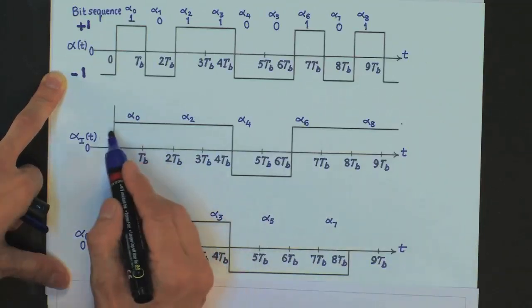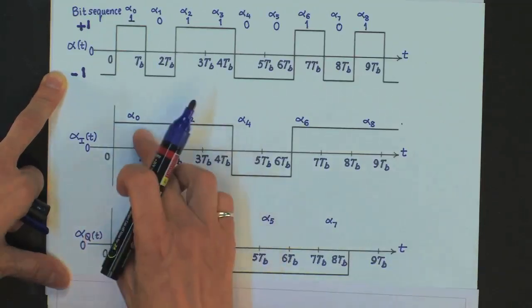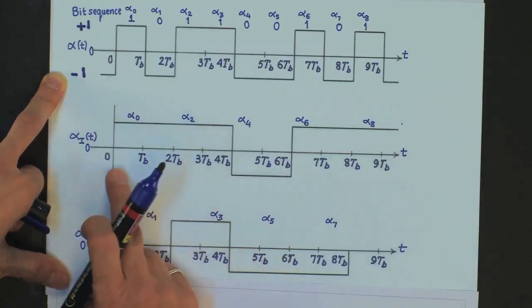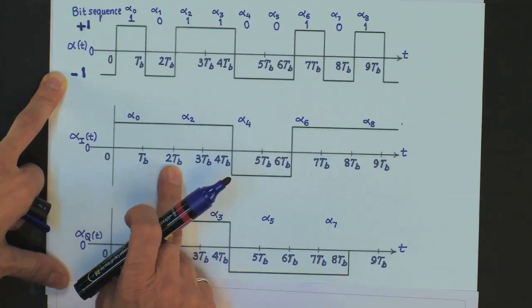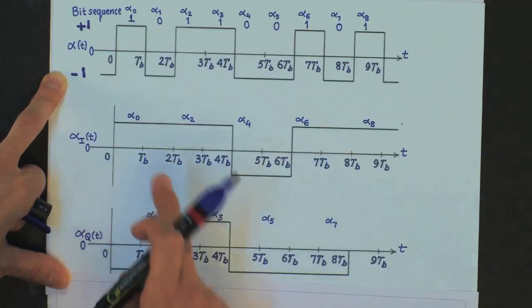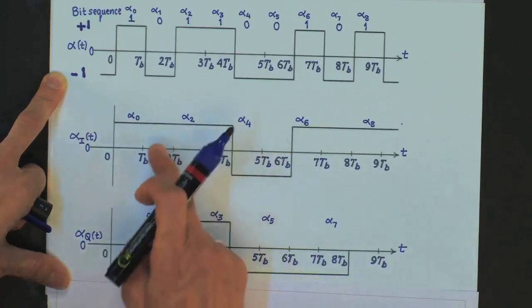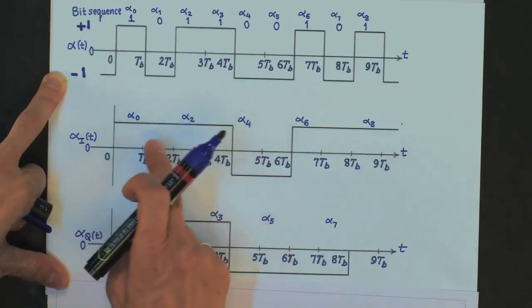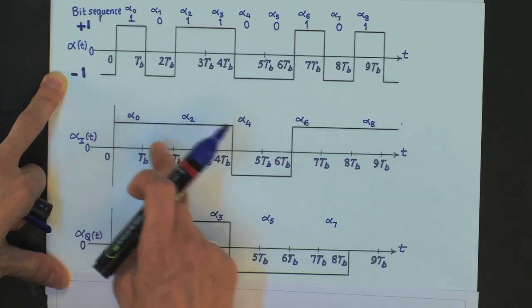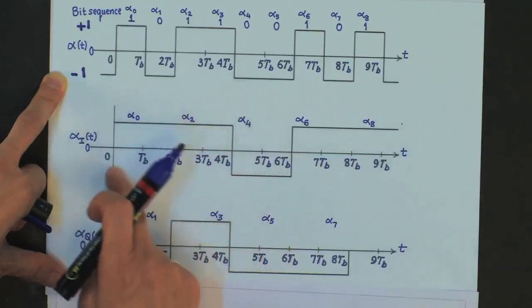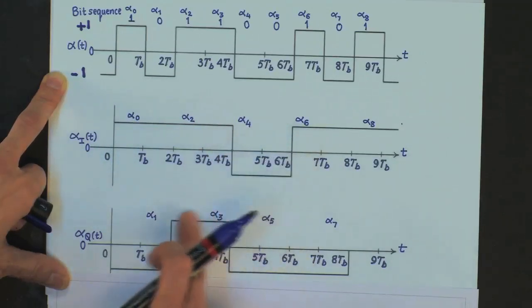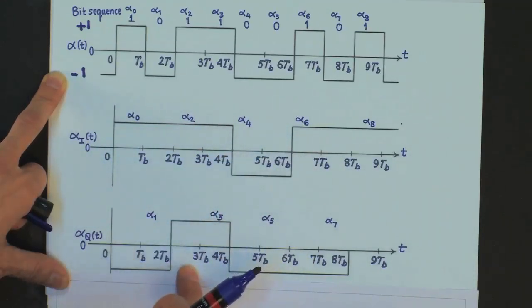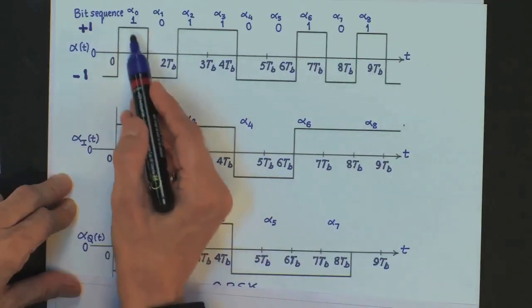The individual bits in each stream occupy a duration of 2 Tb seconds, which we call Ts seconds, and each of these modulates the in-phase carrier and quadrature carrier. In this case the in-phase carrier would be cos 2 pi fc t, and the quadrature carrier would be sin 2 pi fc t. It is easy to see this.